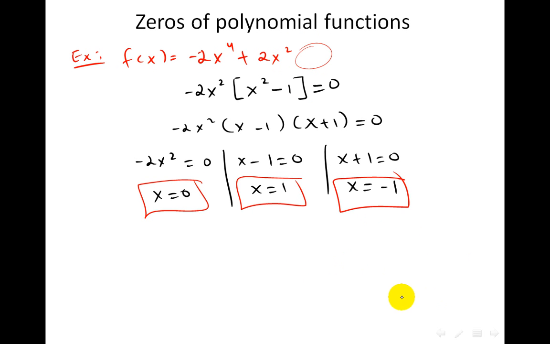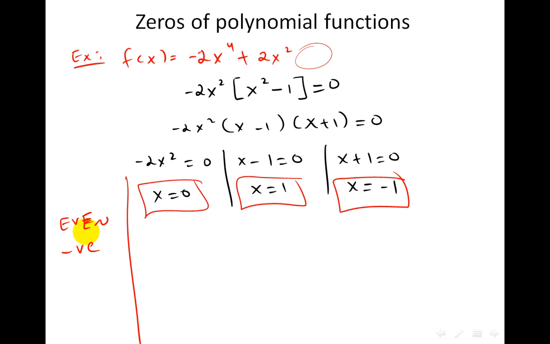Now we can start sketching this graph, but first let's decide what type of graph it is, even or odd. Of course it's even because the leading term has the power of 4. What else? Positive or negative? You can see the sign of the leading coefficient. It's negative.